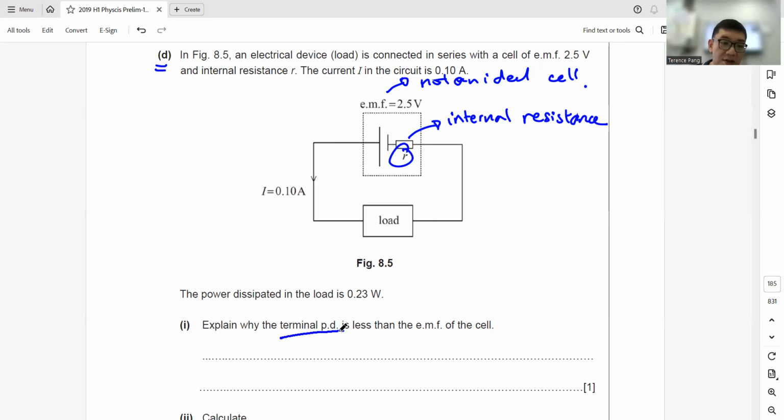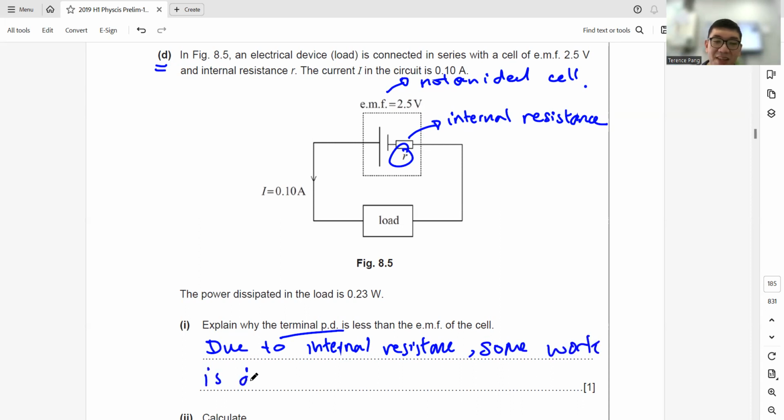That is why we have something called terminal potential difference. This is a standard, straightforward question that you are supposed to know. Because of this R, due to internal resistance, some work is done to drive a unit charge across it.